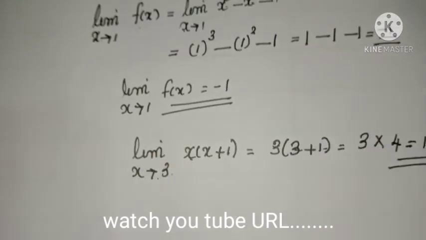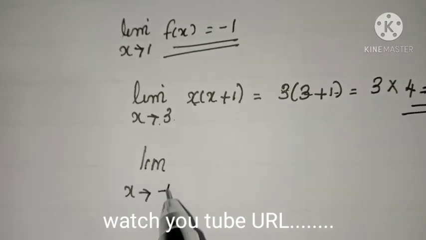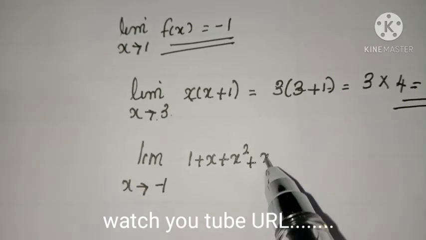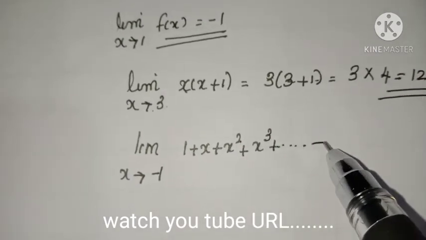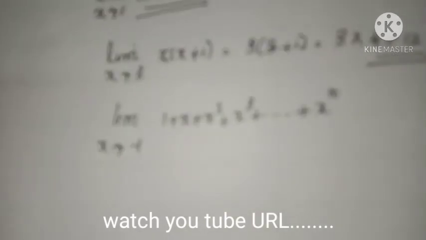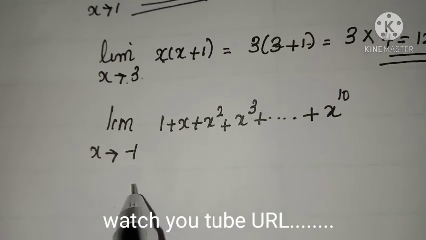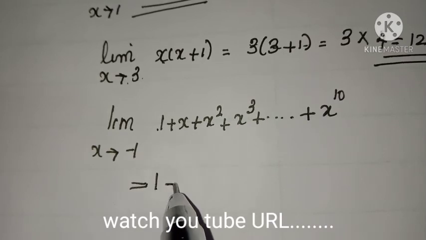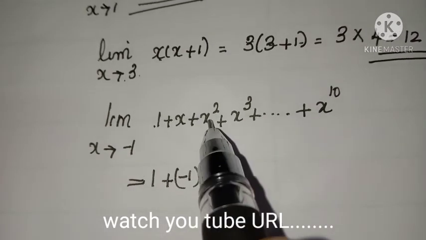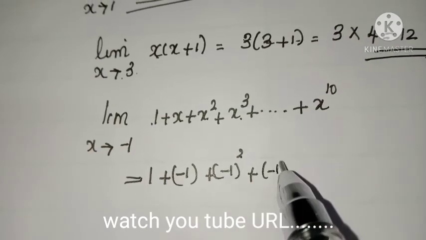Now limit x tends to minus 1 of 1 plus x plus x square plus x cube and so on, plus x raised to 10. What is the limit? So put x equal to minus 1 in every term.